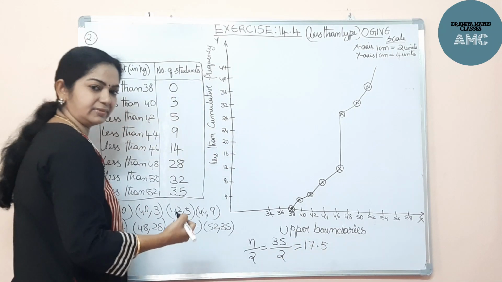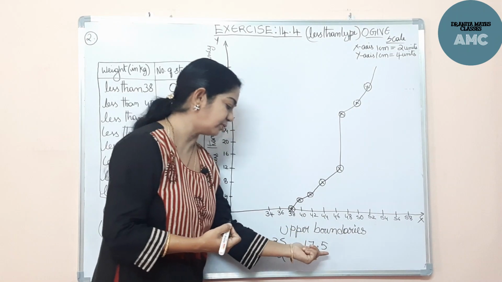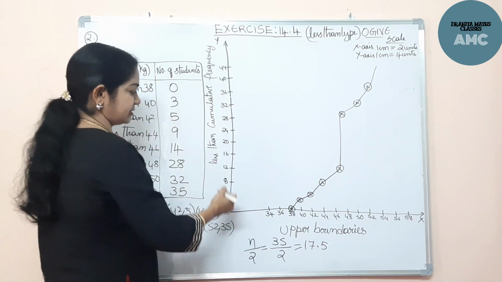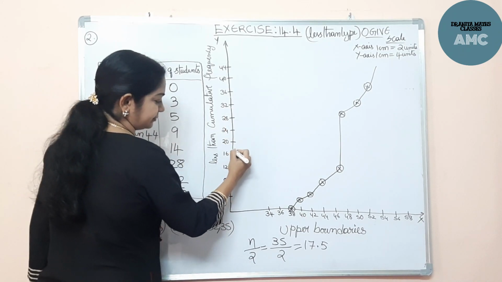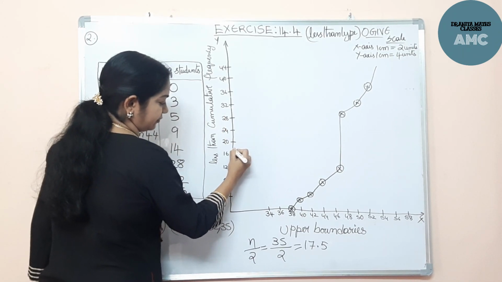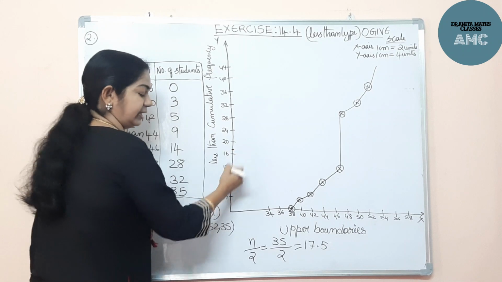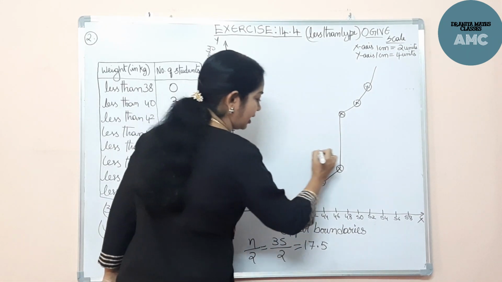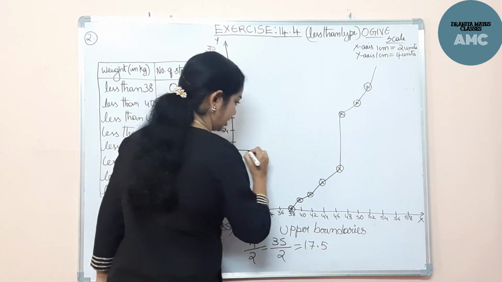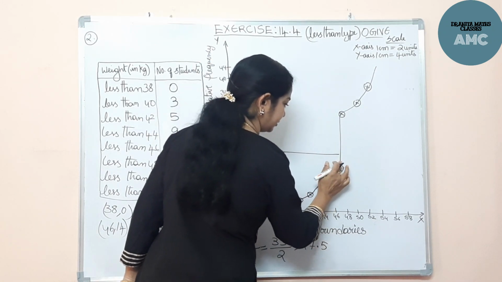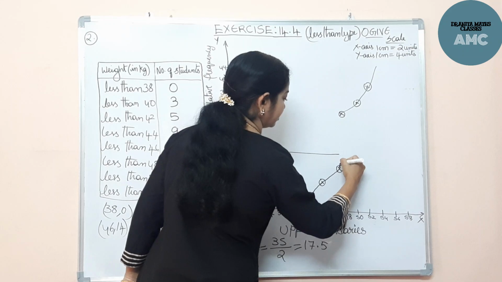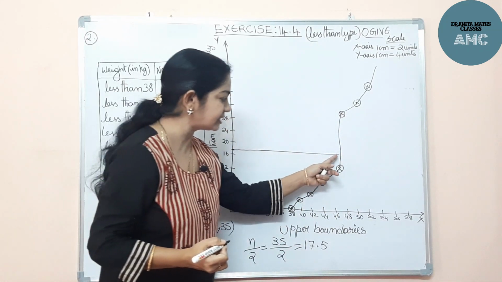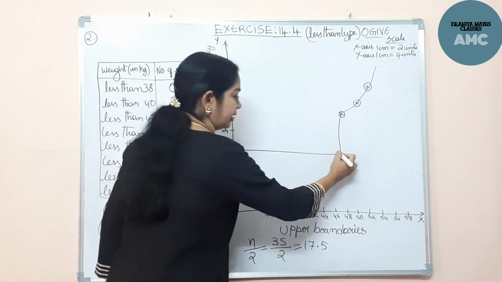Now we have to locate 17.5 on the y-axis, somewhere here, after 16. This point is the n by 2 value. From there, draw a line such that it touches the curve at a point.